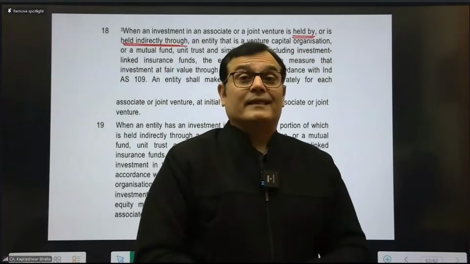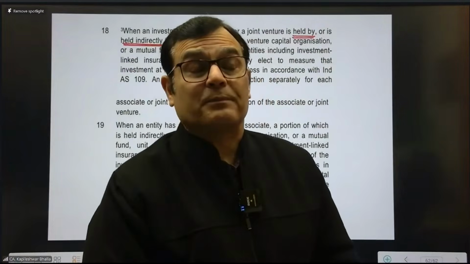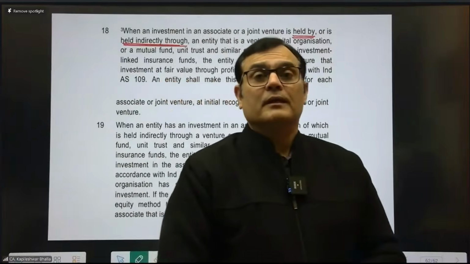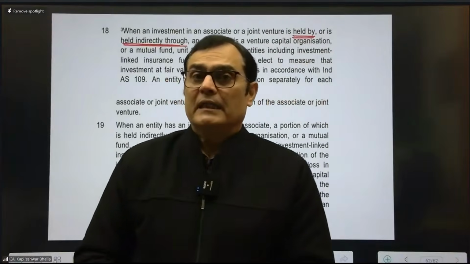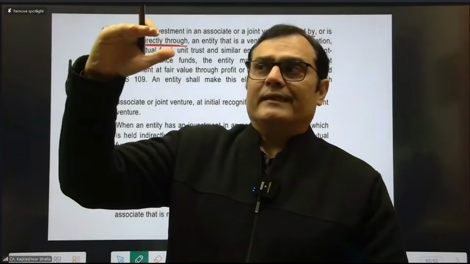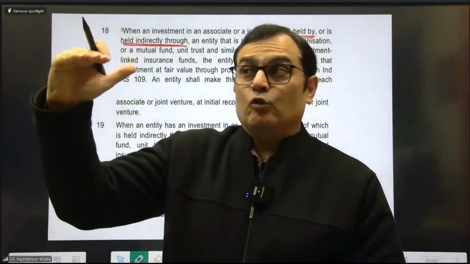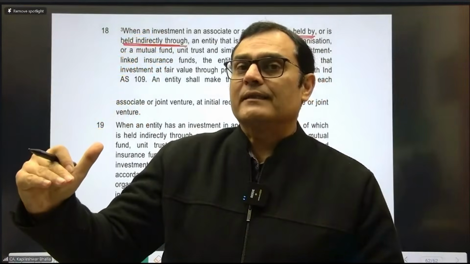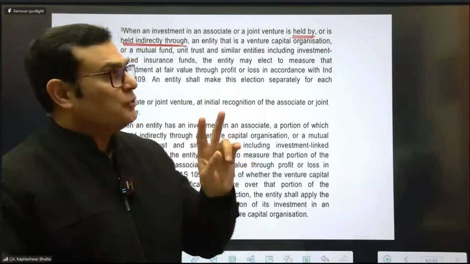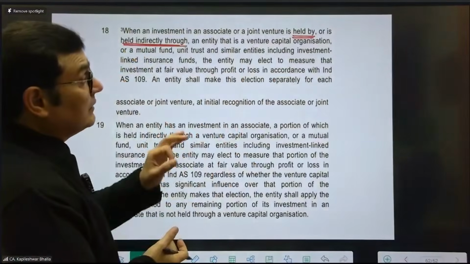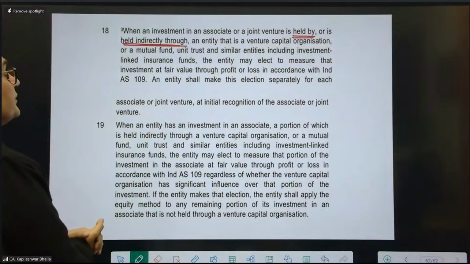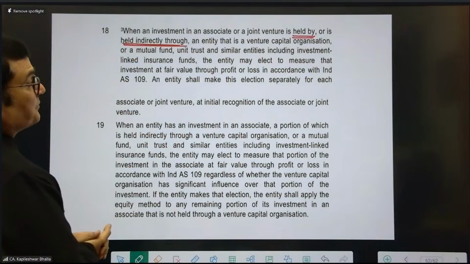When it says indirectly through, it has to be a subsidiary. If you remember my discussions in the previous class, I said that you may directly have a stake in the company, or you may indirectly through a subsidiary have a stake in the entity. So it says there are two things. Either it is held directly or it is held indirectly through a subsidiary.